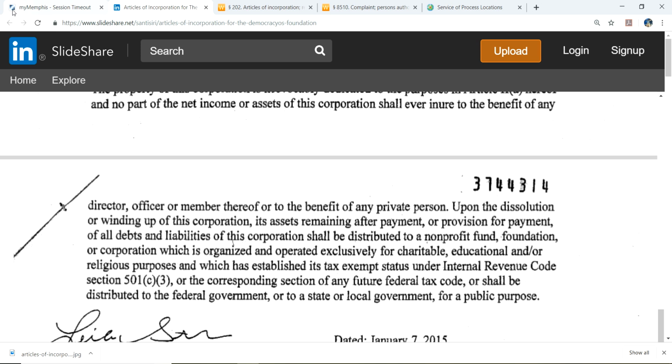And I believe they put this actual provision in here. Let me bring the statute up on Westlaw for you.